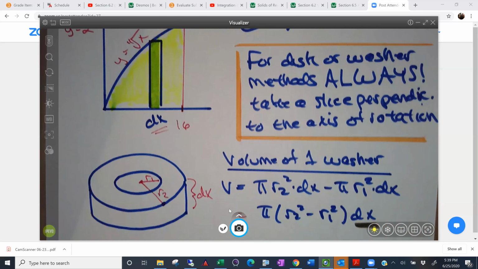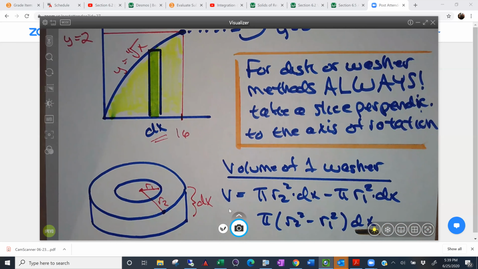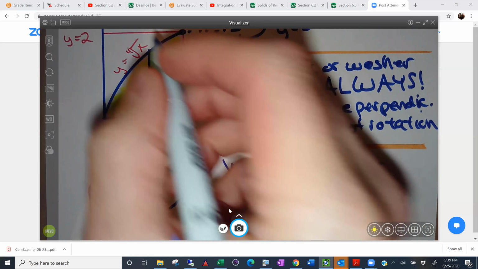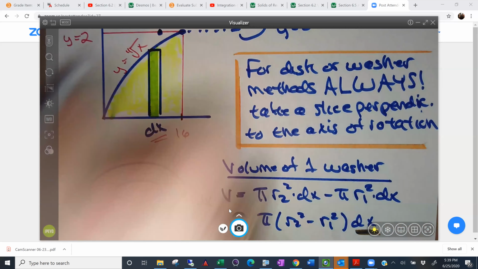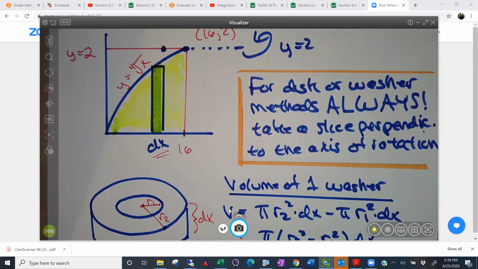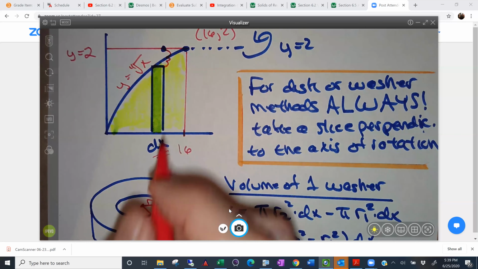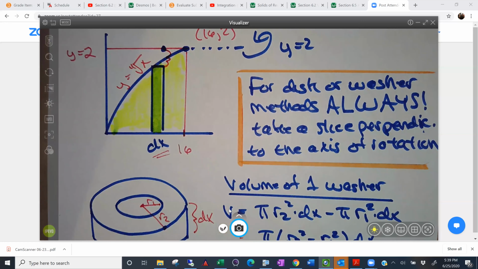Let me go back up to my drawing here. Now, for convenience, I'm going to put a point right up here on my axis of rotation. And I'll have an inner radius, and I'll also have an outer radius.